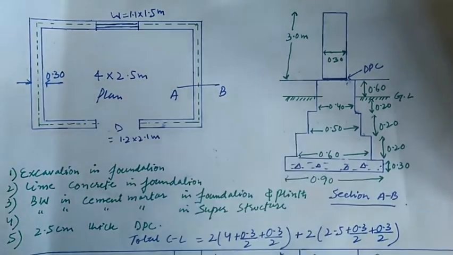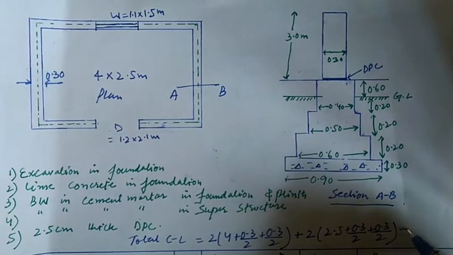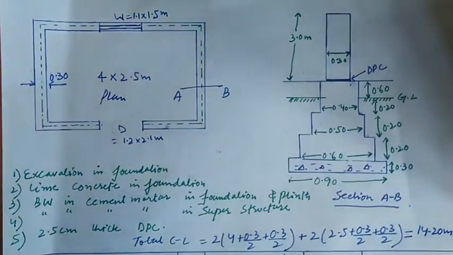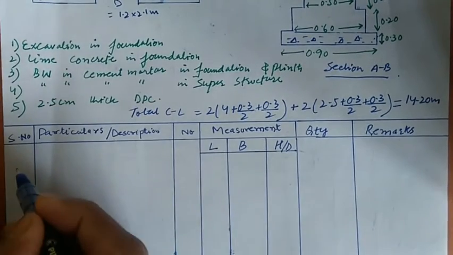In this way we have found the total length of the center line, which is equivalent to 14.20 meters.